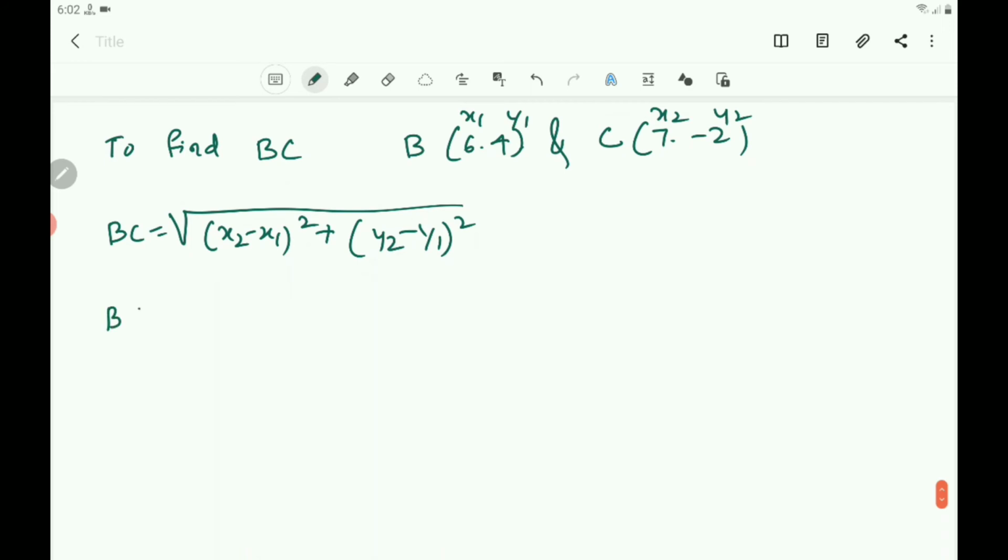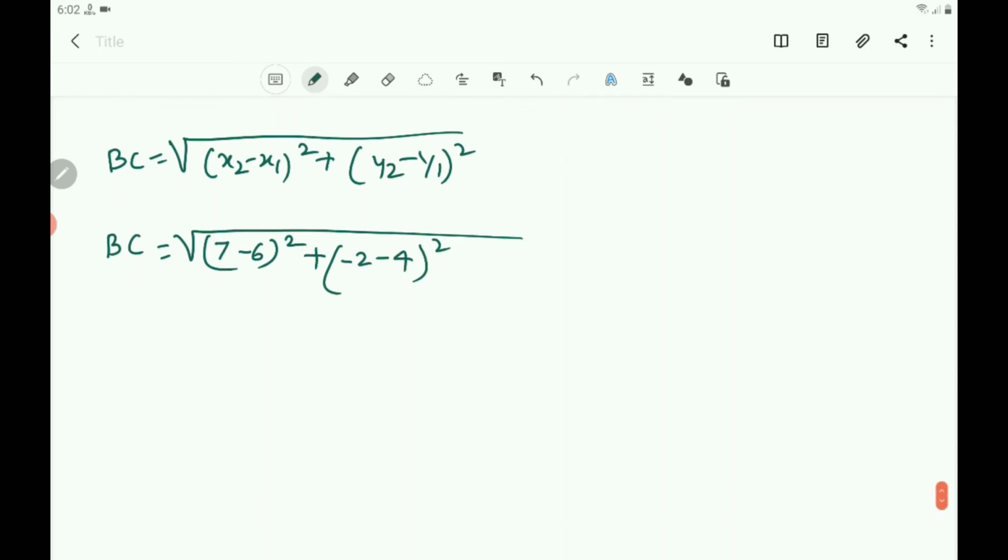Then BC equals x2 is 7 minus 6, 7 minus 6 whole square, plus y2 is minus 2 minus 4 whole square.